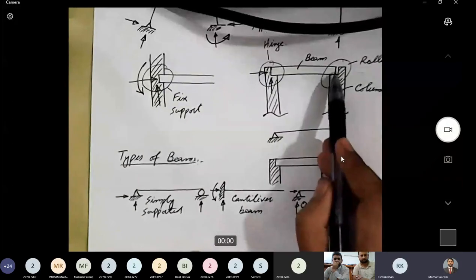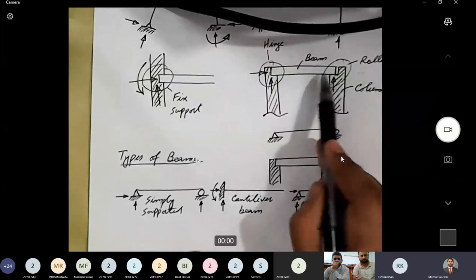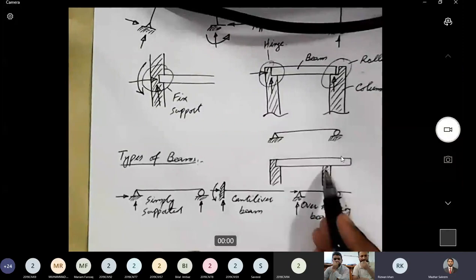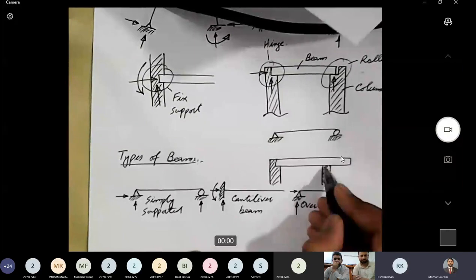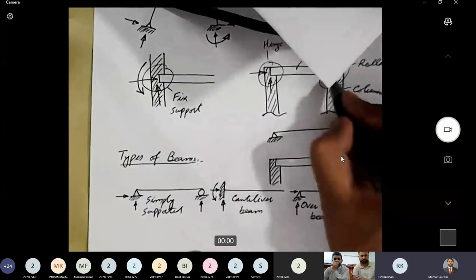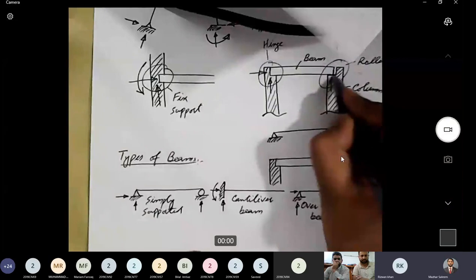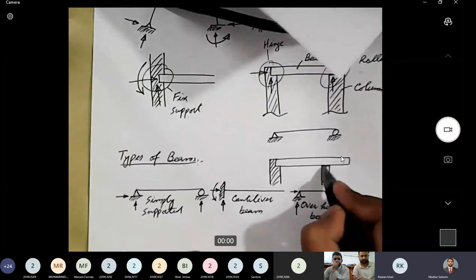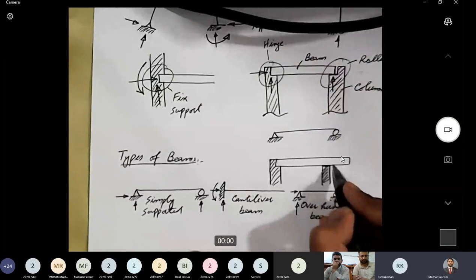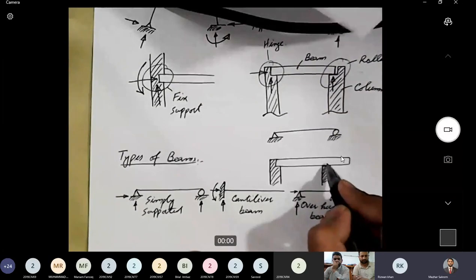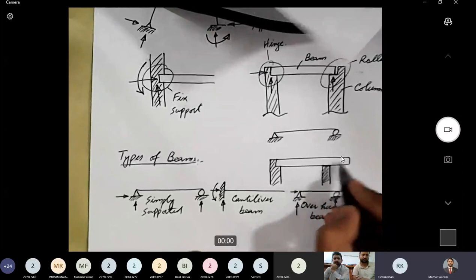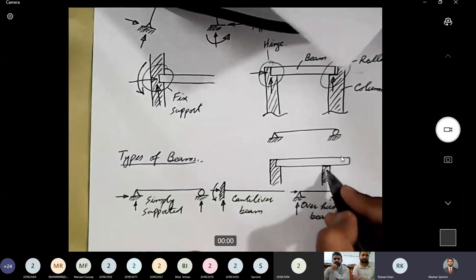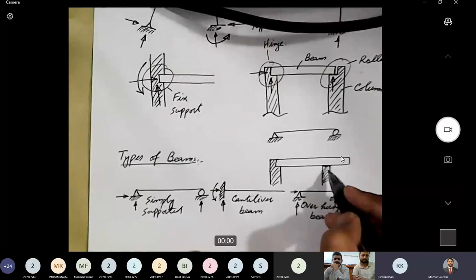That gap was there to allow movement in the horizontal direction. And here again, you can see that we have only a horizontal supporting surface. Just like here, we have only one supporting surface, and that is horizontal. Similarly, here we have only one supporting surface, that is horizontal. So in the horizontal direction, if the beam tries to move due to any force, the beam can move in the horizontal direction. So this support will act as a roller support. Okay, sir. All right. Okay.